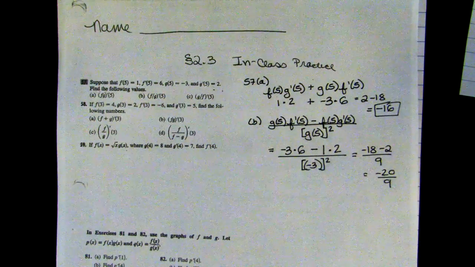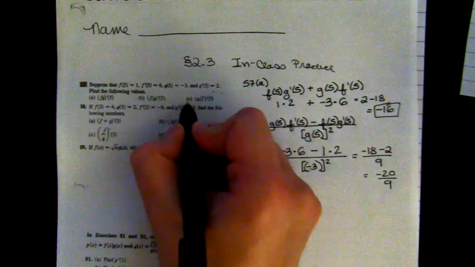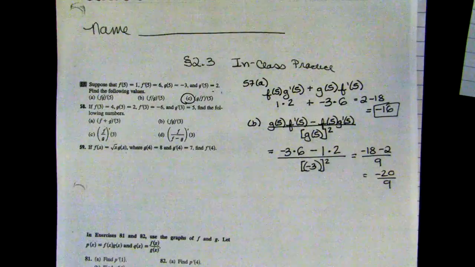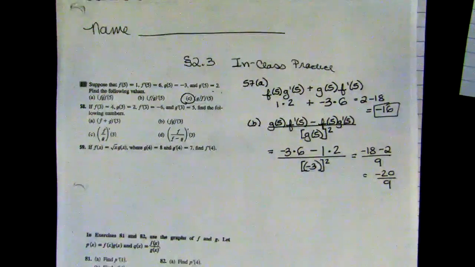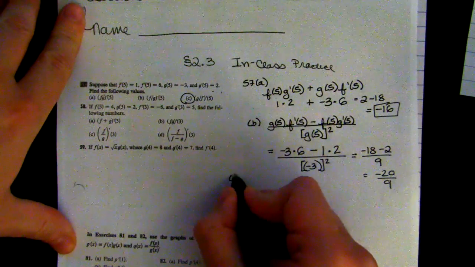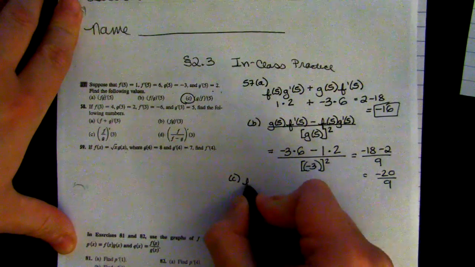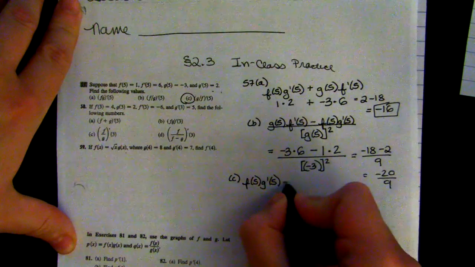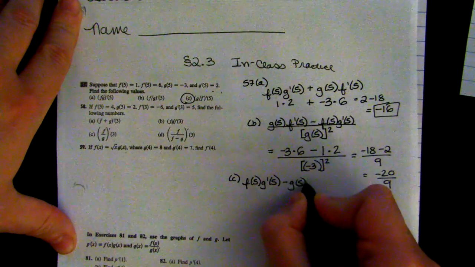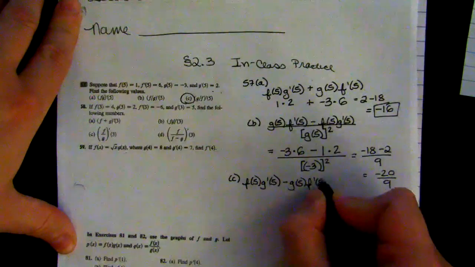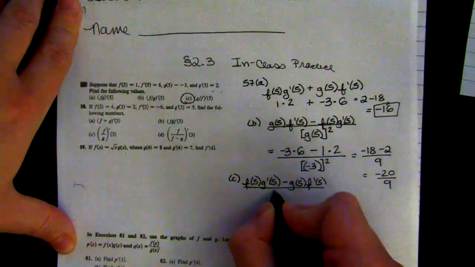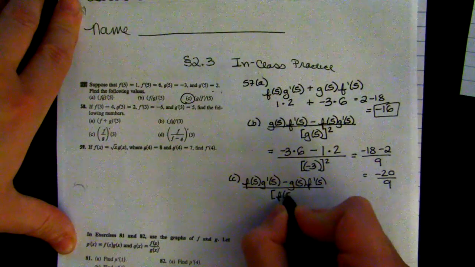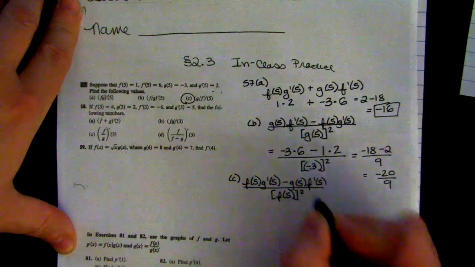How about you try letter C on your own? See if you can work through the whole thing. So first of all, low, f of 5, d high is g prime of 5, minus high, g of 5, d low is f prime of 5. Draw the line and square below. This is over f of 5 squared.